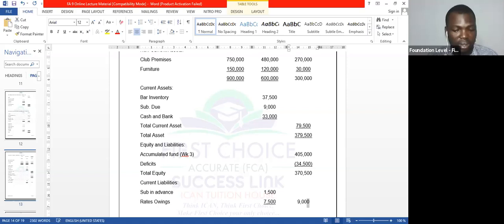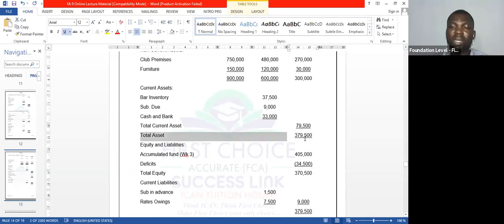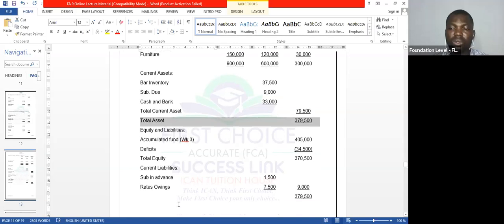Look at the figure here and this one, can you see that they are the same? Which means our accounting equation is correct, which means our total assets are the same as our total equity and liability section. Can you see it here?